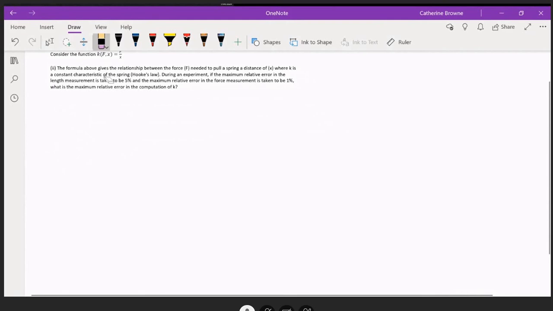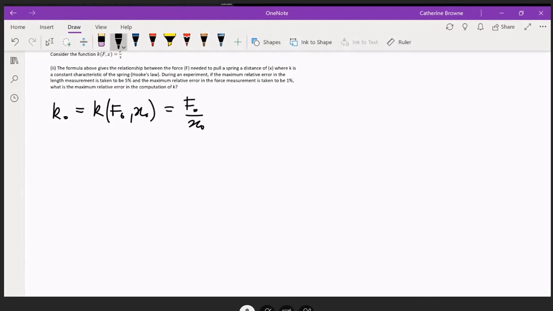The k naught we had is equal to f naught on x naught, and we had the total differential was this.